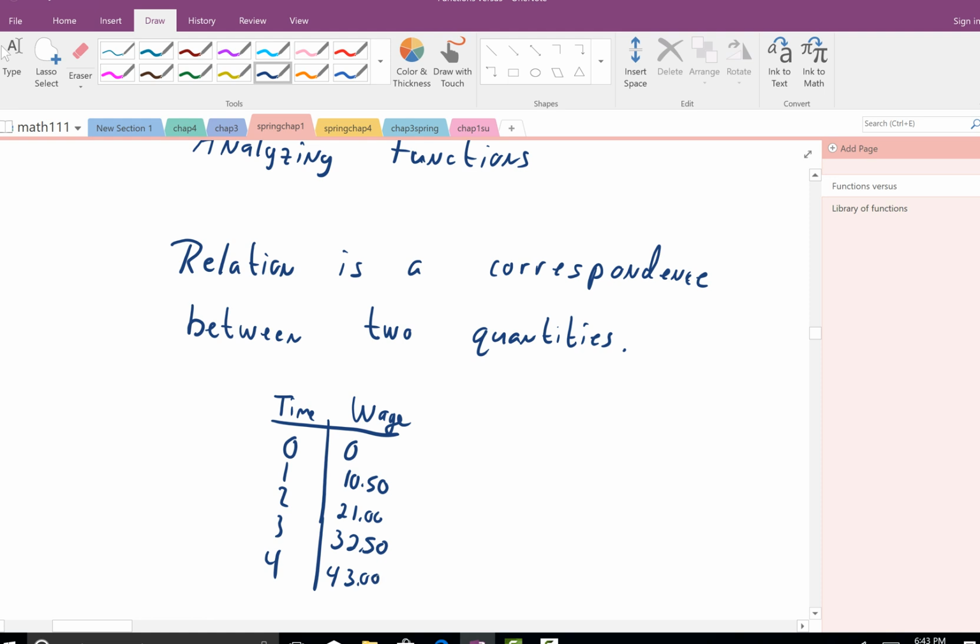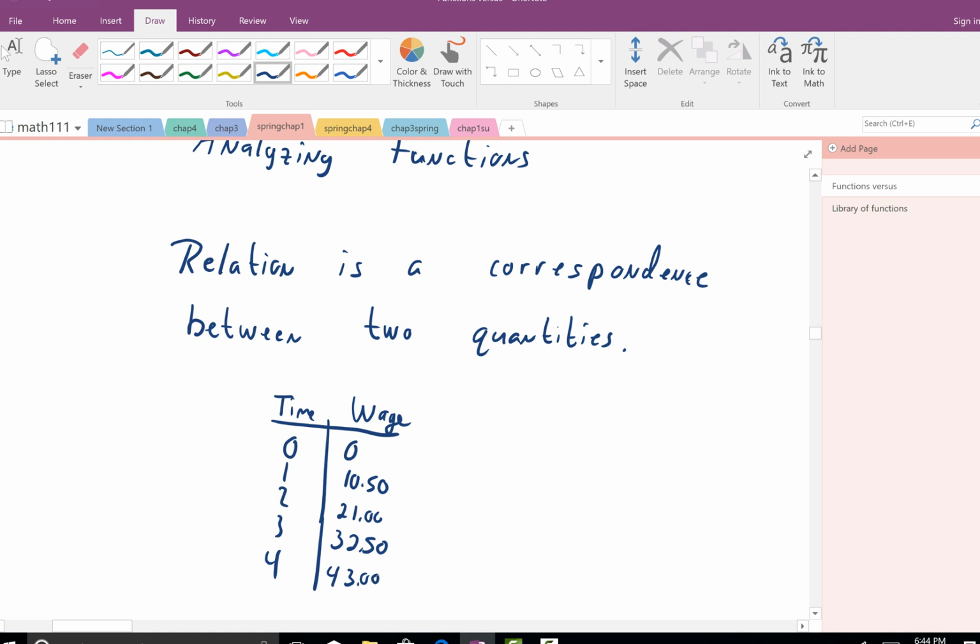Okay, so something along those lines. This is a perfect example of what a relation looks like, because you've got a quantity in time and a quantity in wage, and there's a correspondence between them.